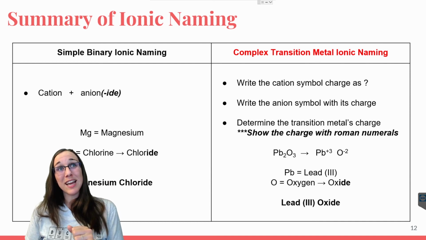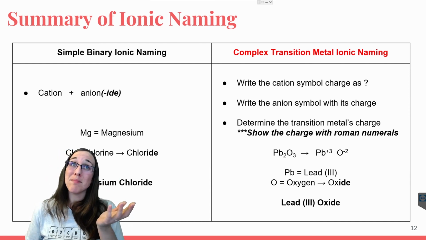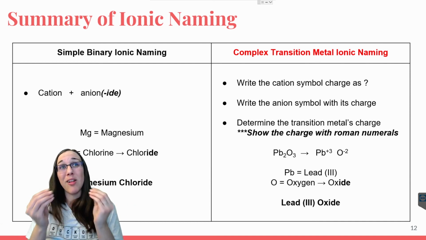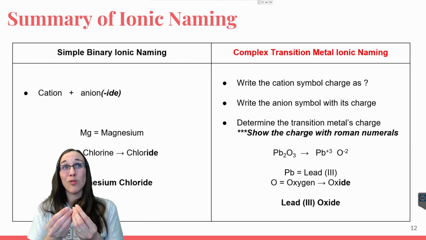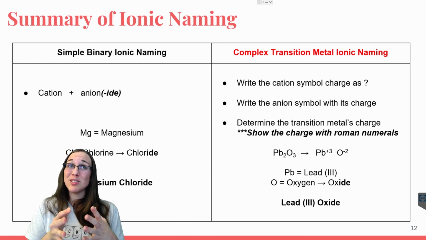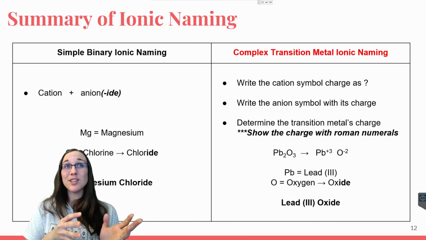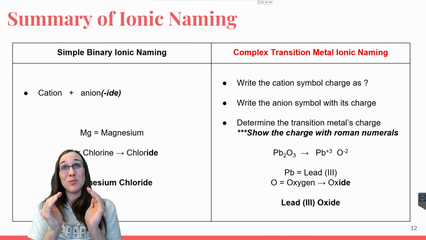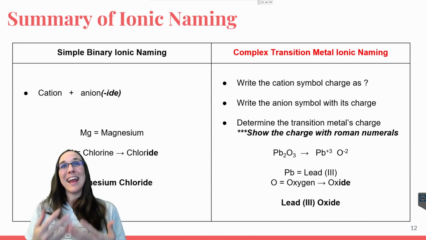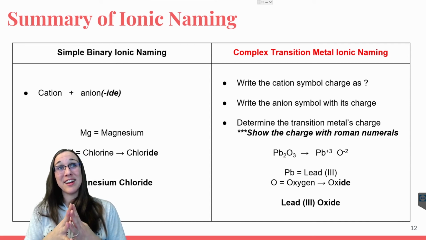The anion will tell you the charge that the cation must be in order that the entire molecule results in a neutral overall charge. Once we've determined the transition metal's charge based off of the anion's charge, we'll show that charge in parentheses as Roman numerals in the written out name, and as always, end our anion in "ide."